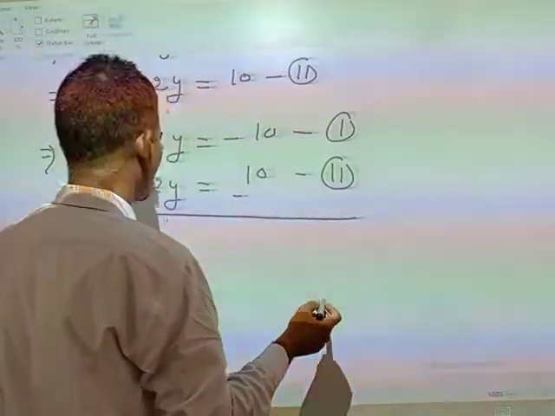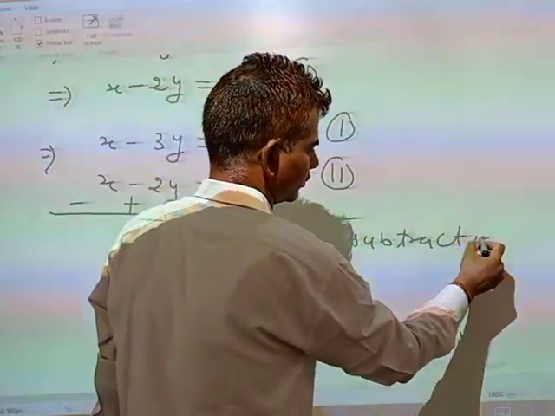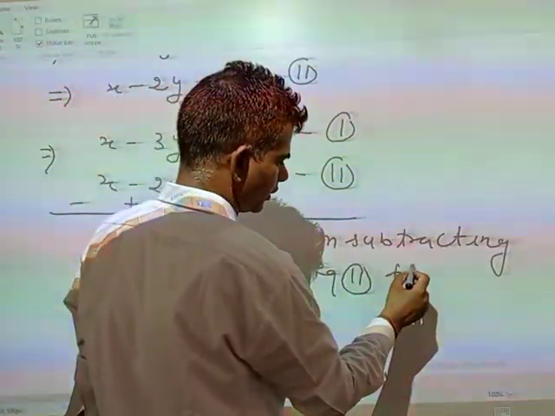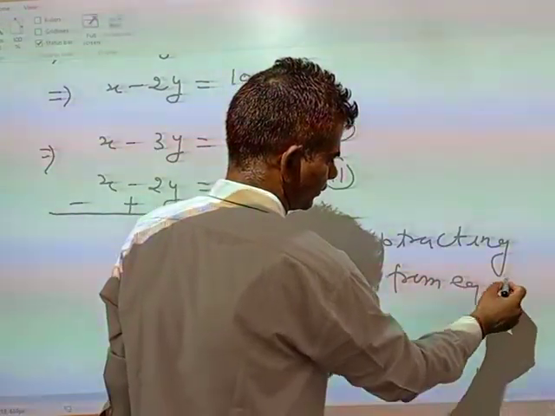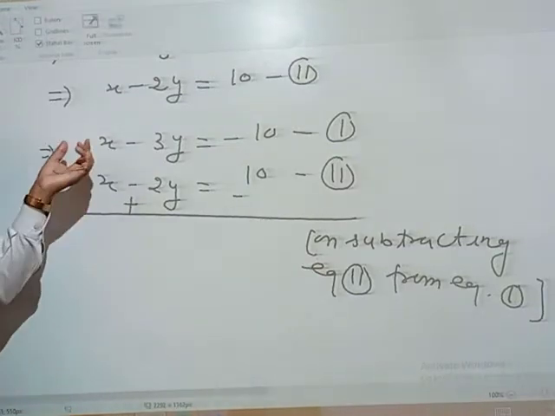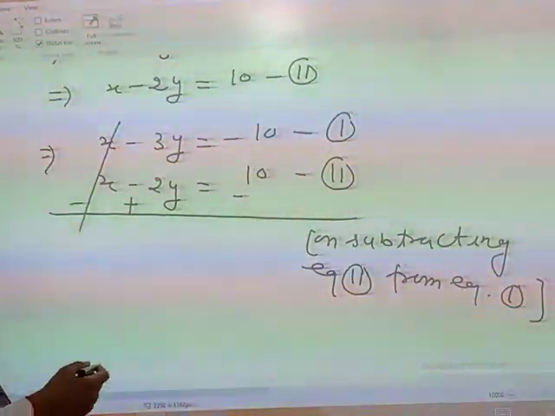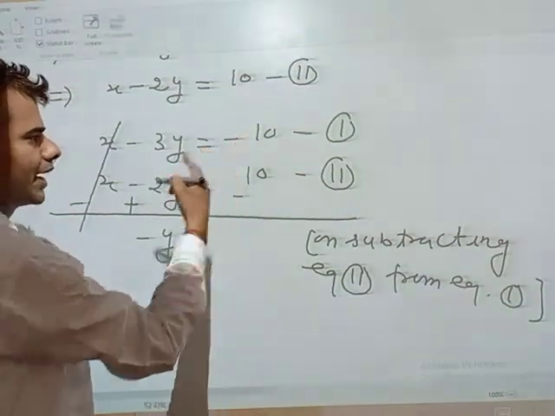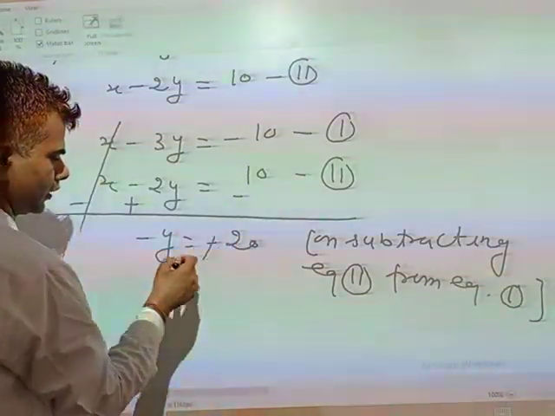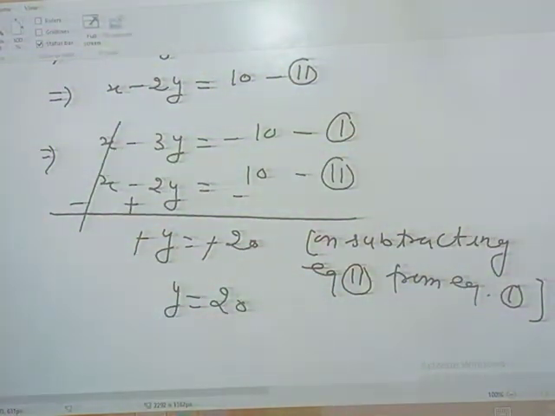On subtracting equation second from equation first, we get plus x, minus x, that cancels out. Minus 3y plus 2y is minus y. Minus 10 minus 10 is minus 20. So y is equal to 20.